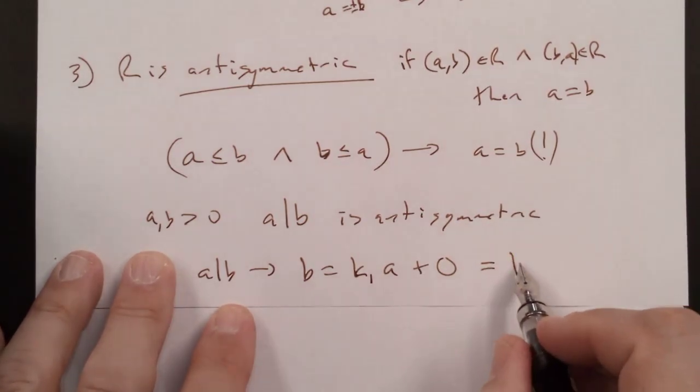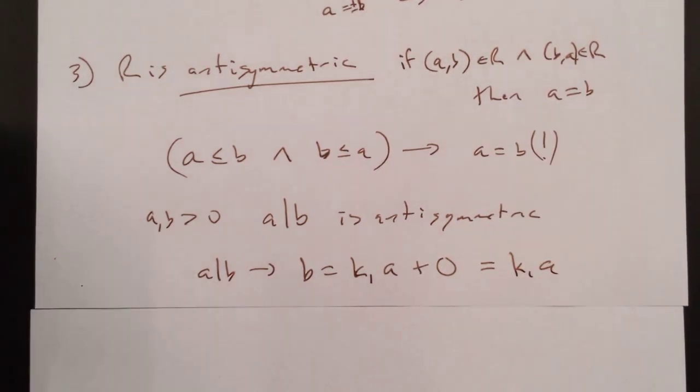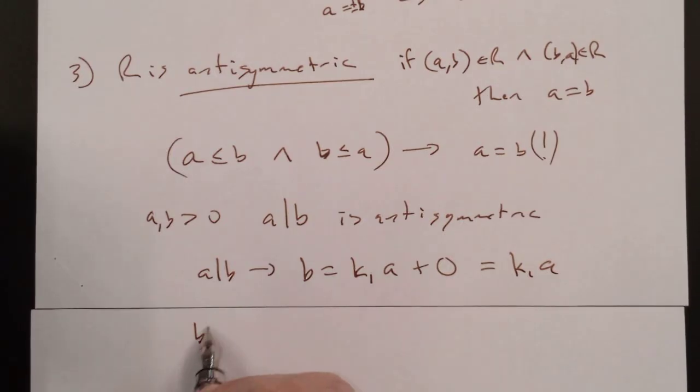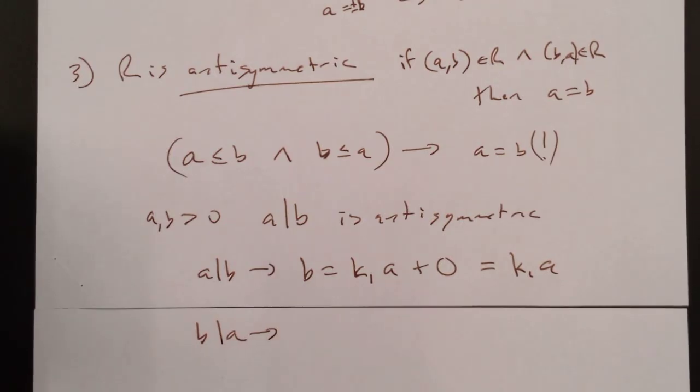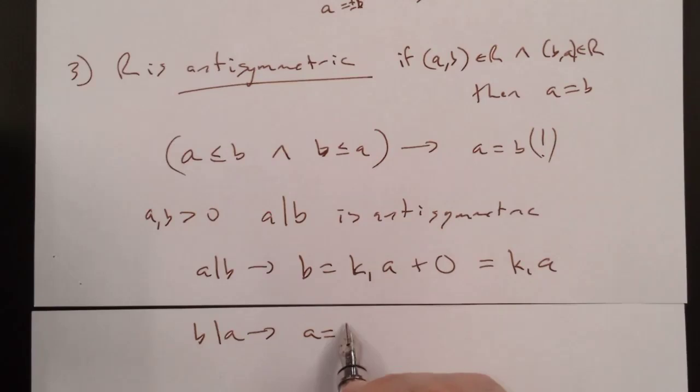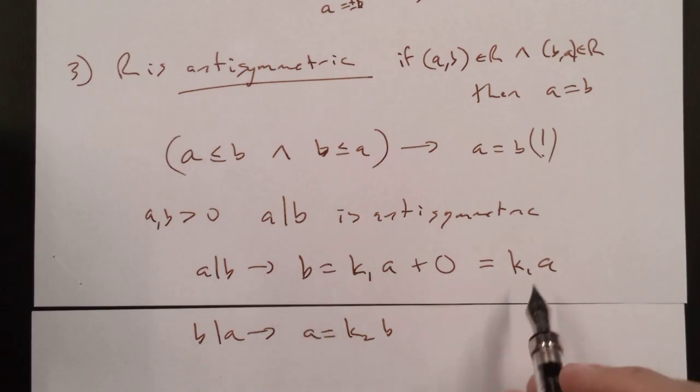I'm just going to write that as K1 times A. But if B divides A, what does that mean?